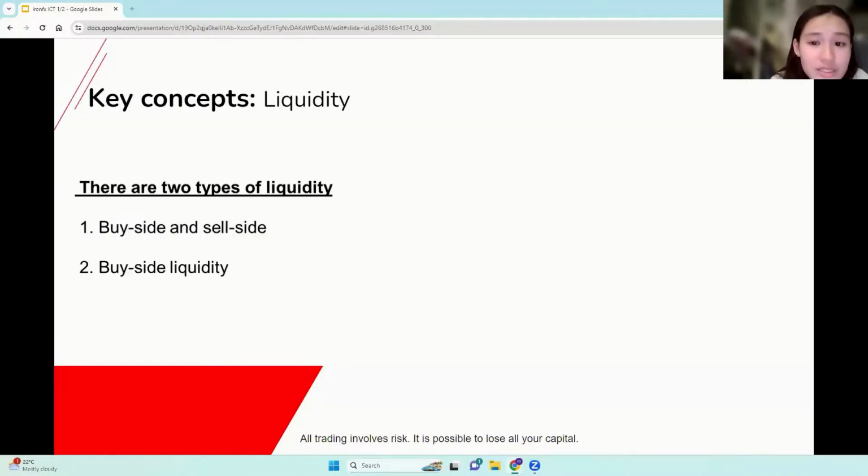Sell side liquidity is just the opposite of that. It represents a level on the chart where long traders will place their stops. In both cases, these levels are found at or near extremes, as the tops and bottoms of ranges are often viewed where traders are proven wrong and therefore will want to get out of their trades.